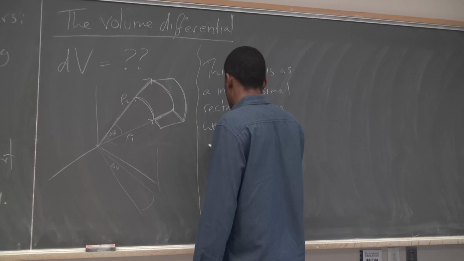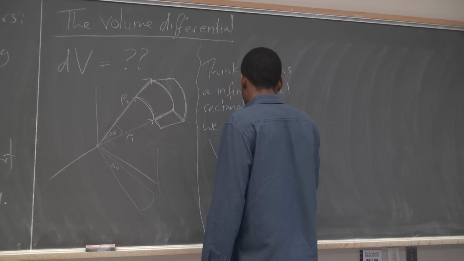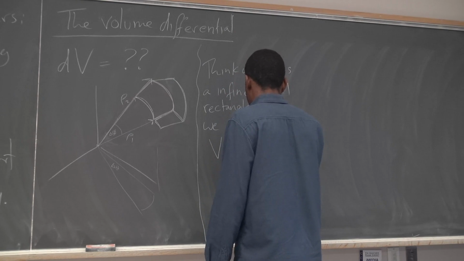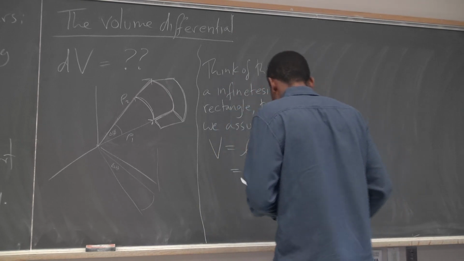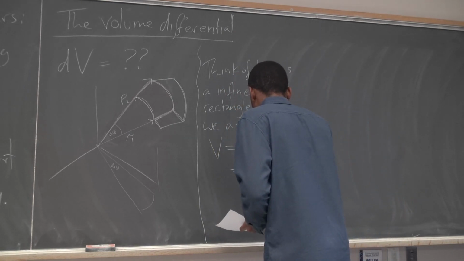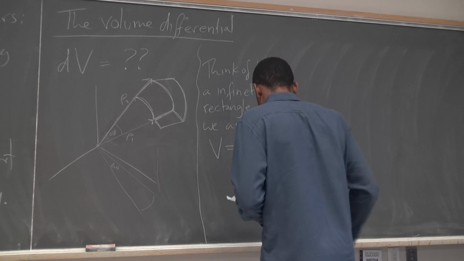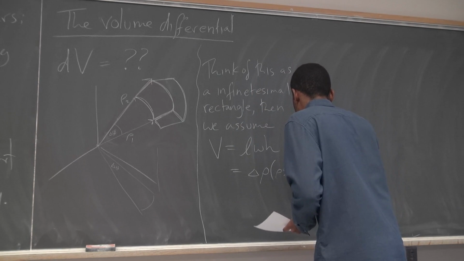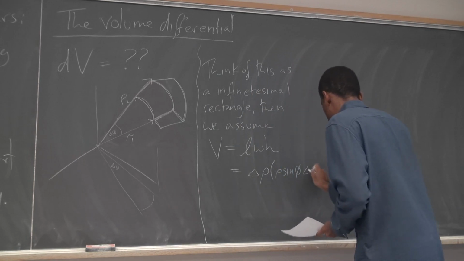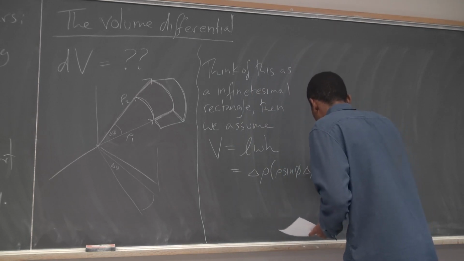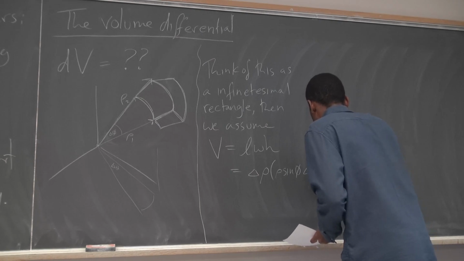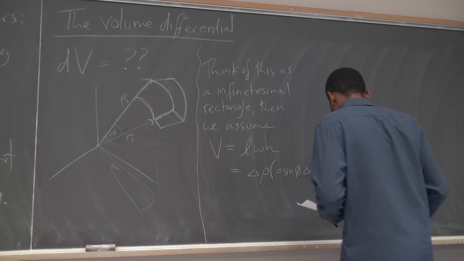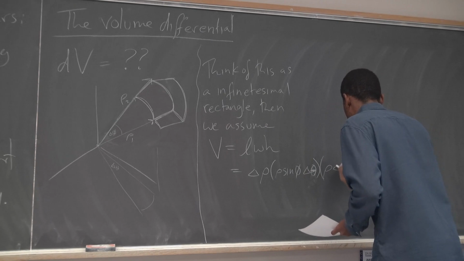We assume volume of this guy equals length times width times height, which is going to end up being delta rho times rho sine phi delta theta times rho delta phi.